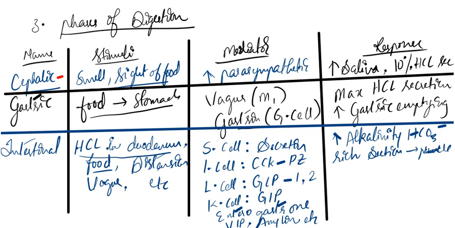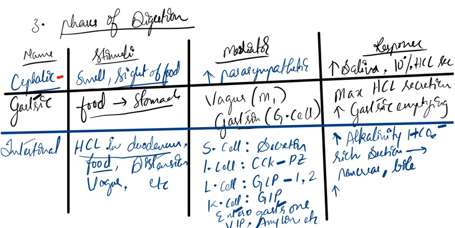Okay, so the food becomes alkaline due to increased secretion of bicarbonates. From where? From pancreatic secretion as well as from bile, secreted from the liver. Bile and pancreas.